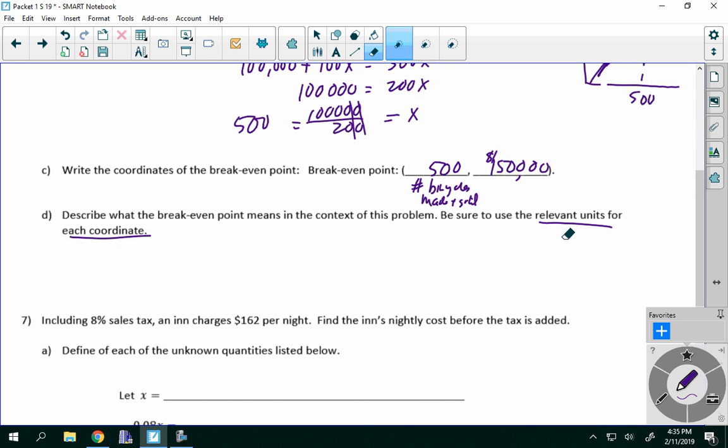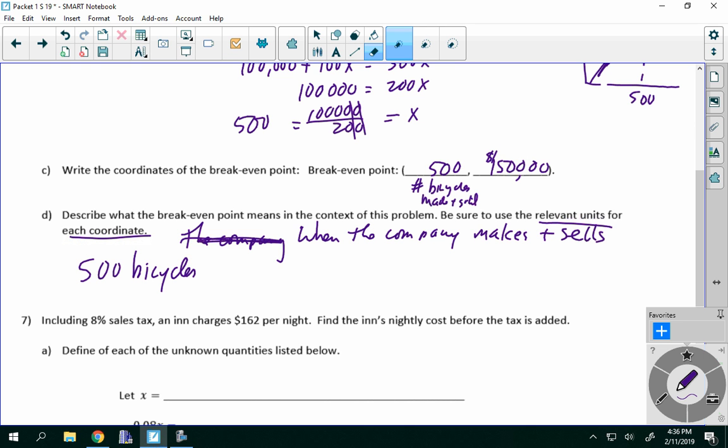So I'll say: when the company makes and sells 500 bicycles, the cost and revenue will both be $150,000. So that's how you would do number 3.